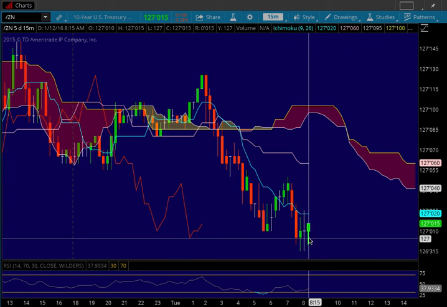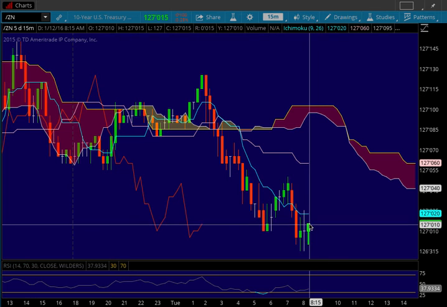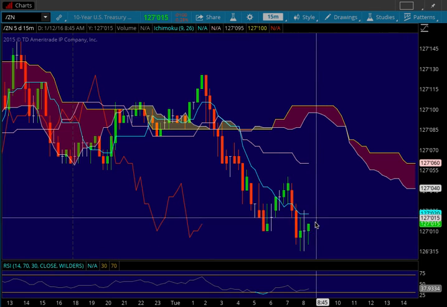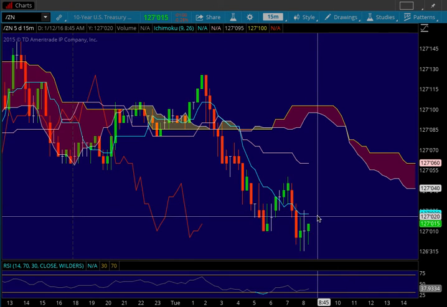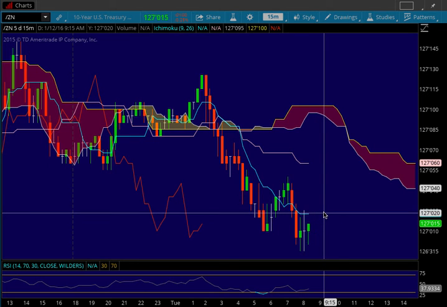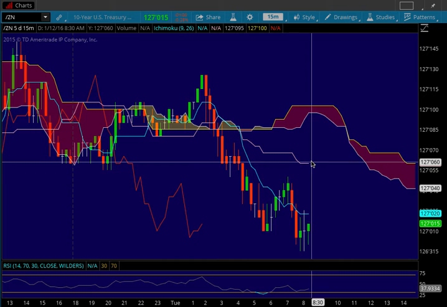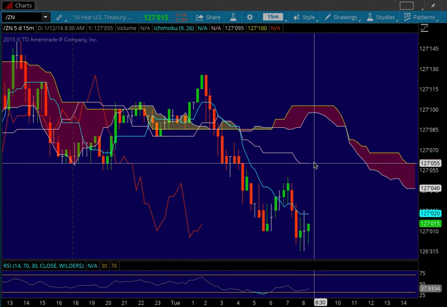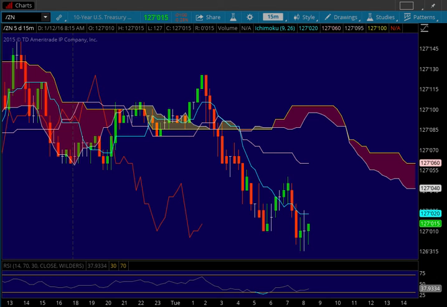Now we're coming up, and we are catching a bounce, and so it looks like the potential is good for us to retest the 127.020 level where I entered my trade, and I really don't want it to go higher than that, but it could. So there's a flat Tenkan-sen attracting price here, and then above we have the flat Kijun-sen that could attract price higher also if we manage to get above the Tenkan-sen on a closing basis.